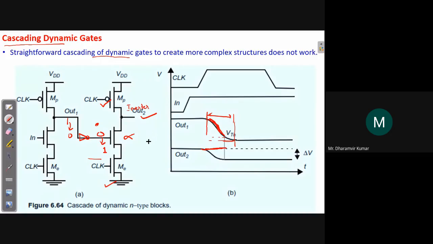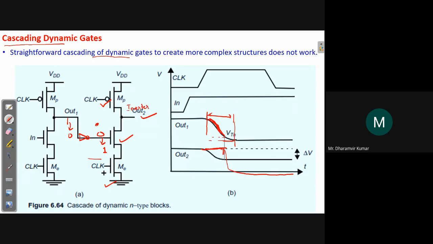Okay, and if it is 1, this will finally become conducting. So this path would be available, and output 2 will go to 0. So you will find that this output 2 goes to 0 like this.